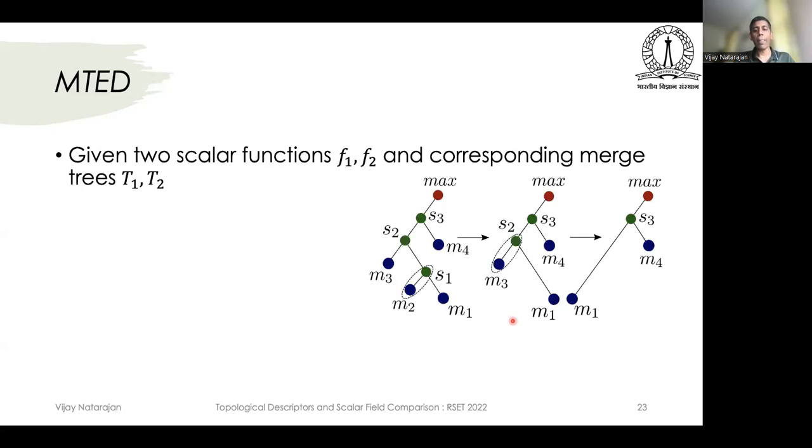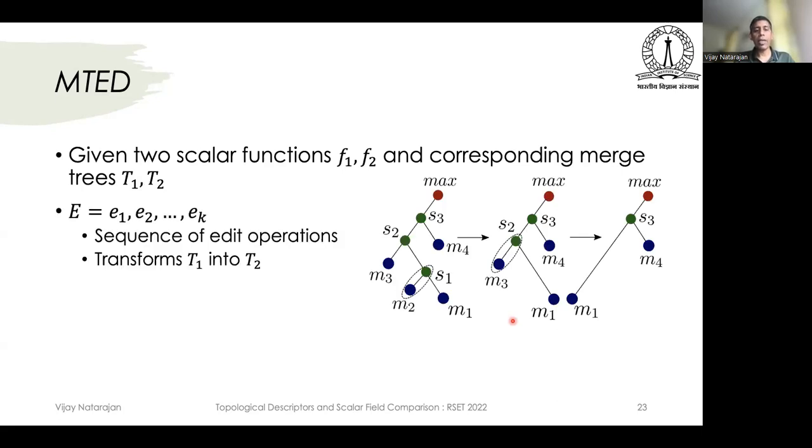The MTED is essentially defined by transforming T1 into T2 using a sequence of edit operations. So if E is the sequence of edit operations where the individual edits are E1, E2 through EK, and gamma of EI is the cost of each edit, then the cost of the entire sequence of edits is just the sum of the costs of the individual edits.